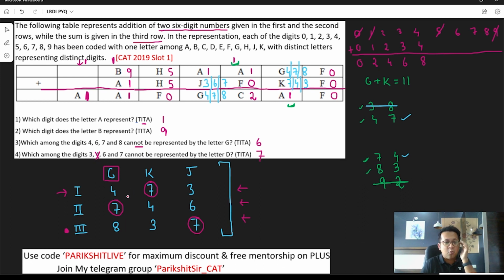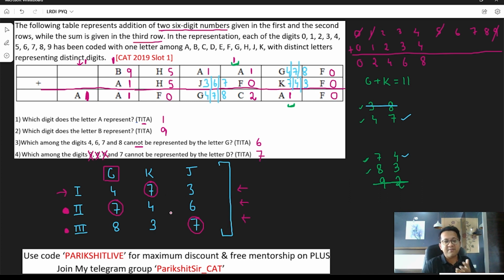If it is scenario 1 or scenario 3, 3 is occupied. But if it is scenario 2, 3 is absolutely free. It's not represented by any of the letters. It means it can be represented by the letter D. So 3 also cannot be the answer. What about 6? Only for scenario 2, 6 is occupied. But for scenario 1 and scenario 3, 6 is free and can be equal to D. So 6 also cannot be the answer.